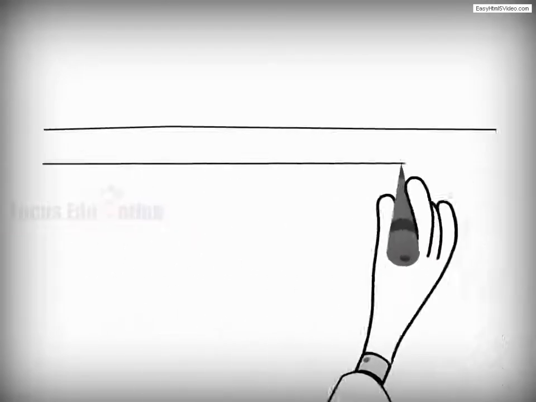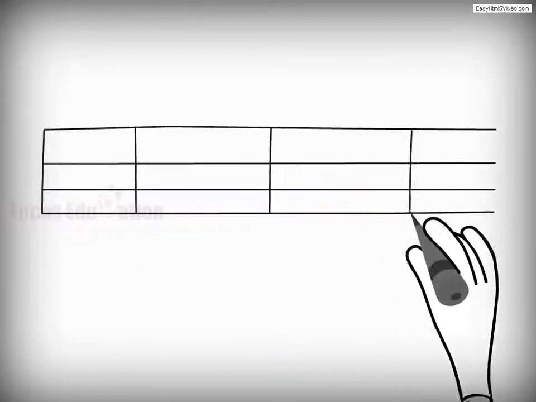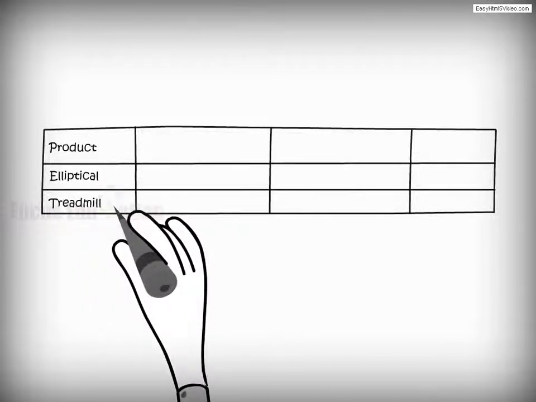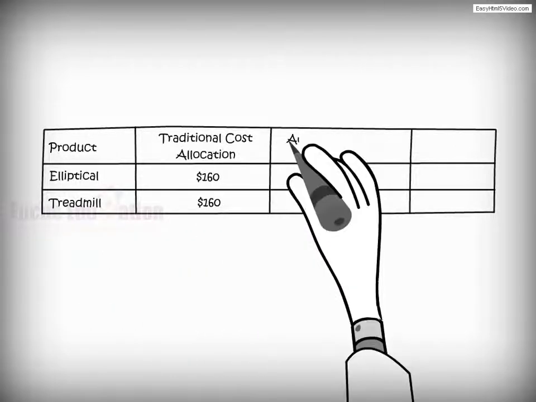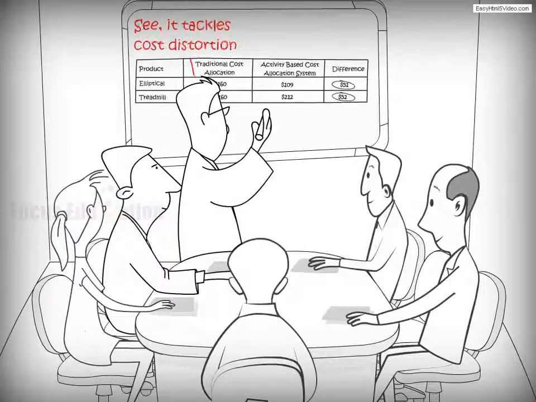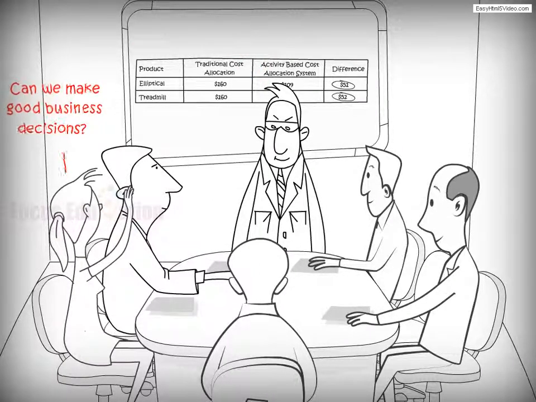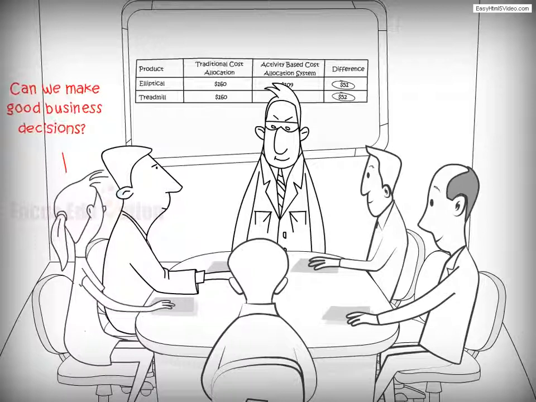With each allocation system rendering a different amount of manufacturing overhead to each elliptical and treadmill produced, it led the management to notice that the traditional cost allocation system had been severely distorting costs. Each elliptical had been overcosted by $51, and each treadmill had been undercosted by $52. Bearing this in mind, Life Fitness could now use the activity-based costing information to make sound business decisions.